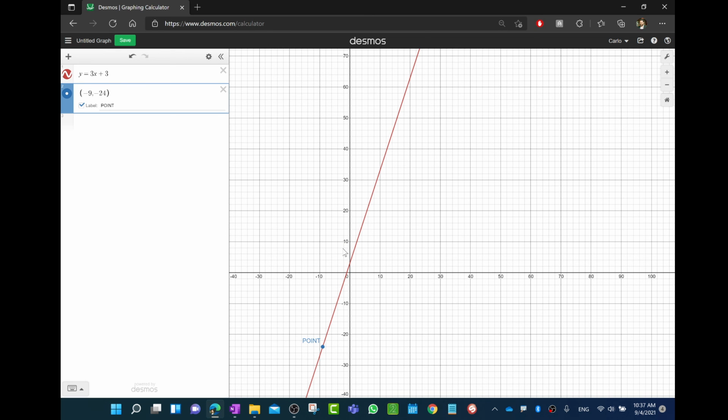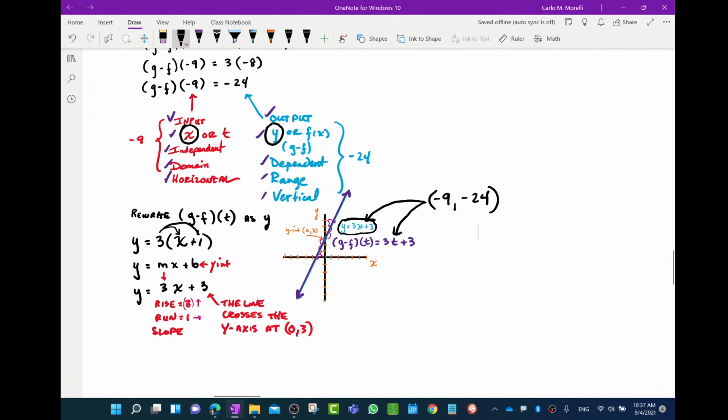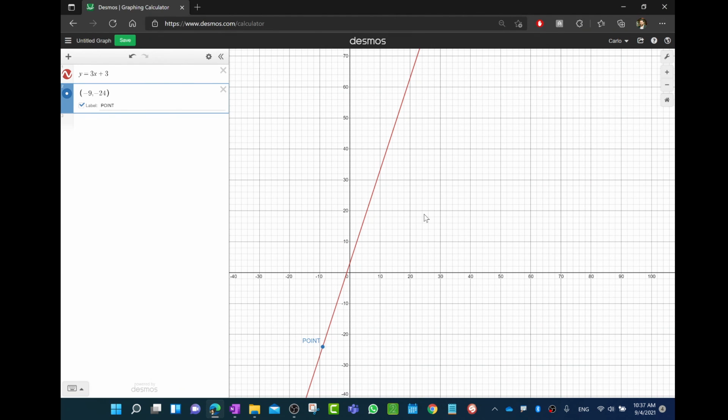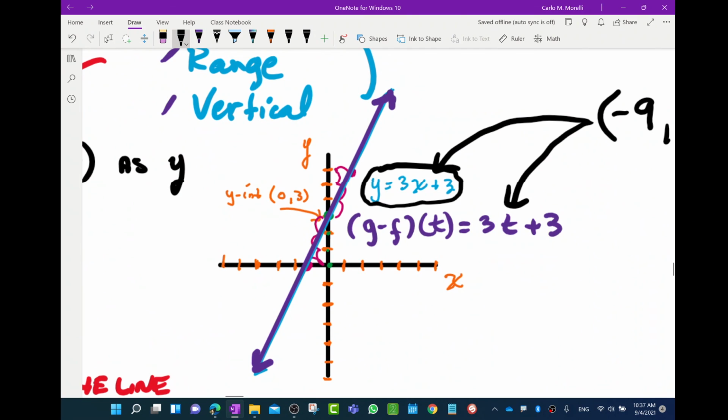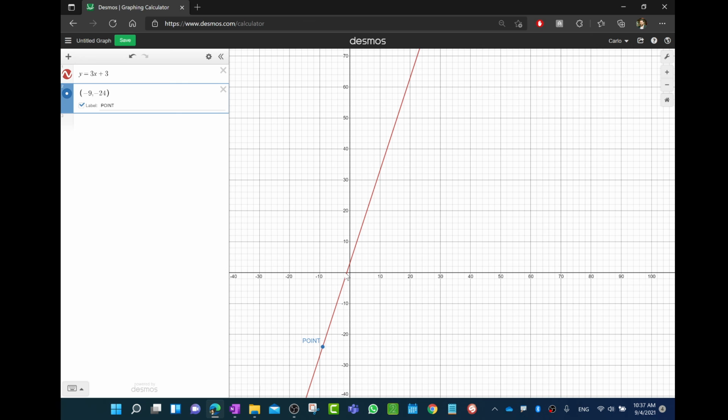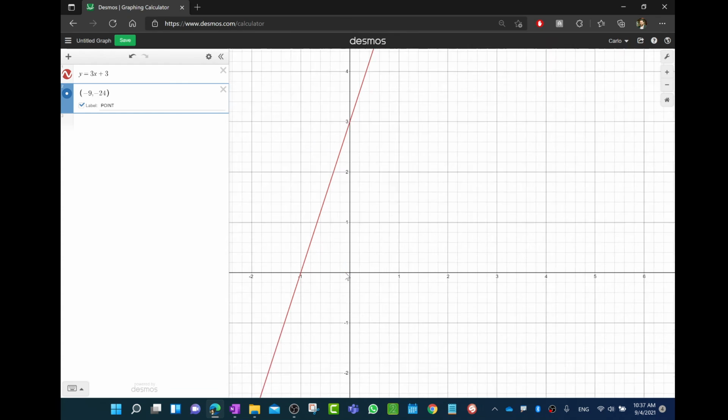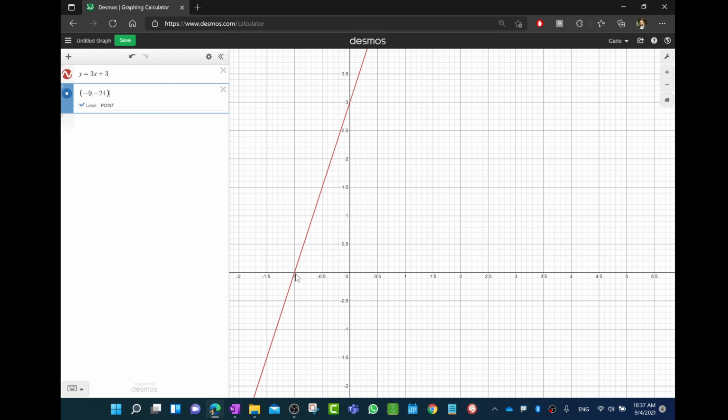Now look at the line. Doesn't the line look just like the thing we sketched? We determined it looked pretty darn close, like it crossed the x-axis at -1, comma 0. The x-intercept being -1, comma 0. Let's see if we were right. Wow.